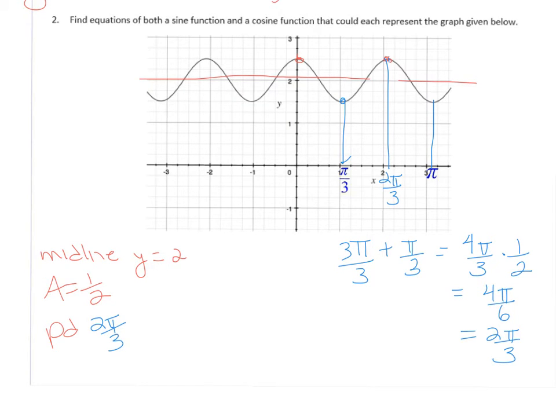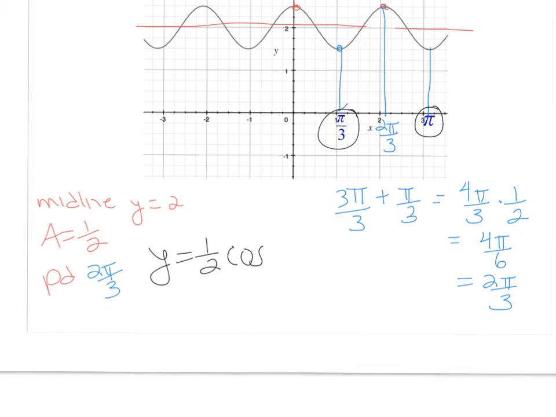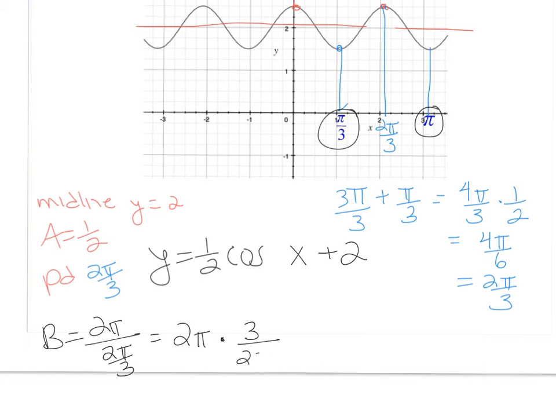Another way that you could have found the period is to find the length between pi and pi over 3. So my cosine function does not have, oops, I didn't find b, it doesn't have a horizontal shift. All right, I need a b value. So let's see, b is 2 pi over the period. That's the same as multiplying by the reciprocal of the denominator.